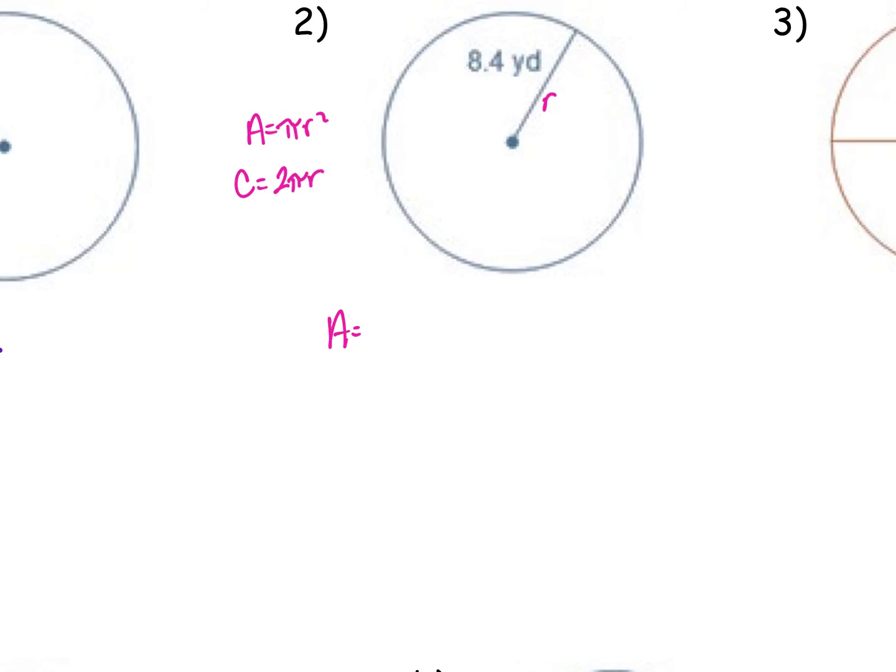I'm just writing it down, okay? So area is going to equal pi times 8.4 squared. I'm going to put it into my calculator, and I should get 221.67 yards squared.